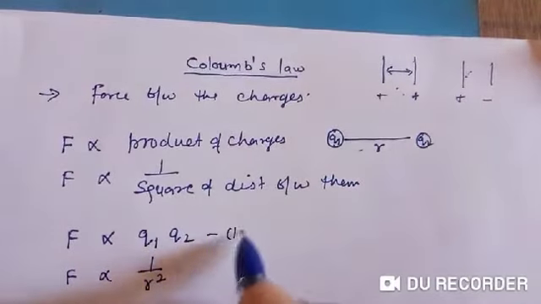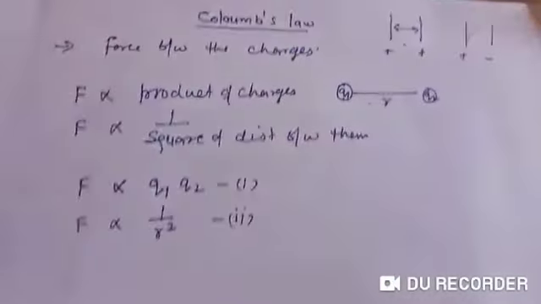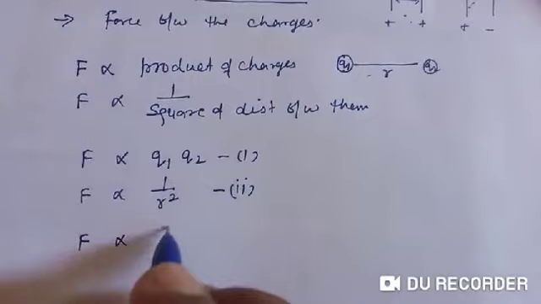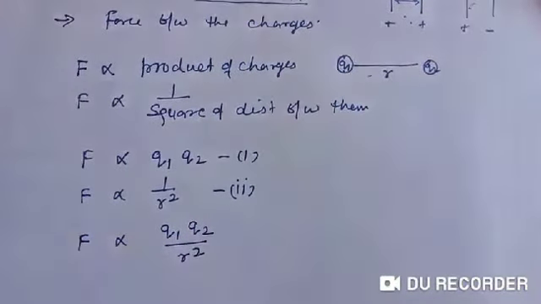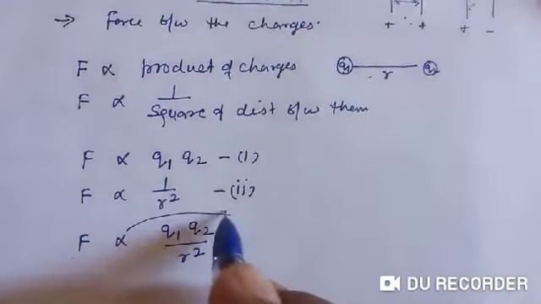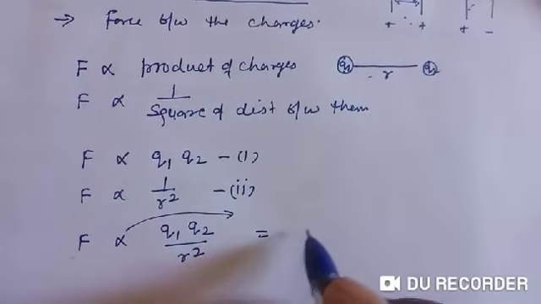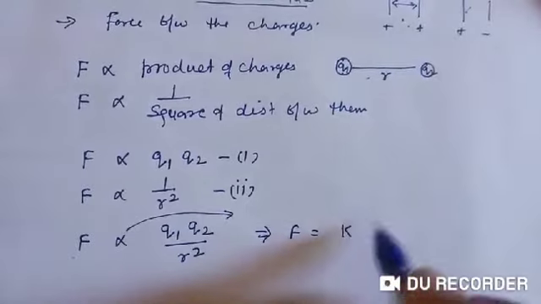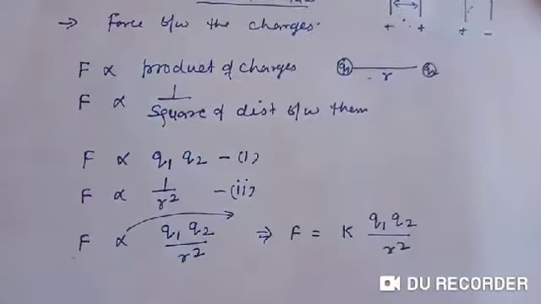Now combine these two equations and we will get F directly proportional to Q1 Q2 upon R square. We know when we have to remove this proportionality sign, we take a constant K. So we will write F equal to K Q1 Q2 upon R square.